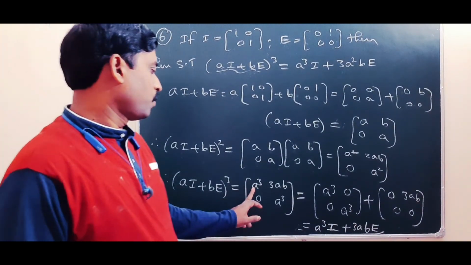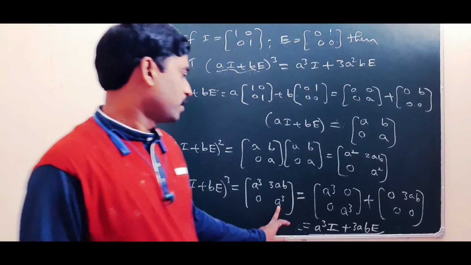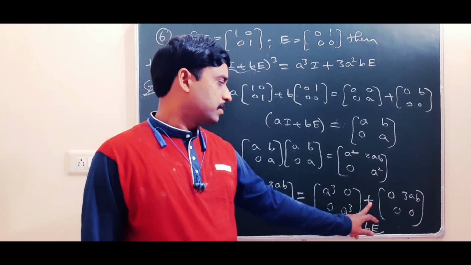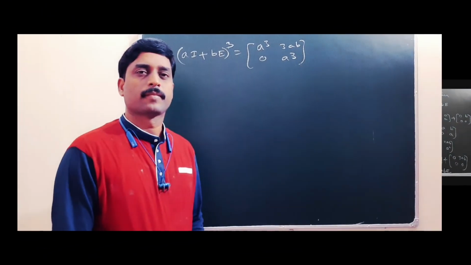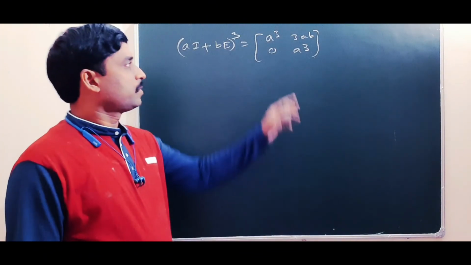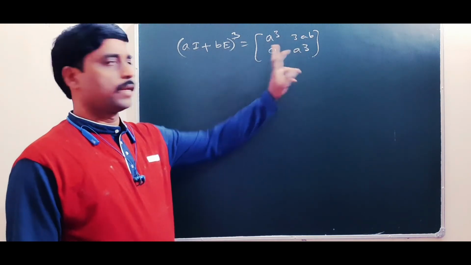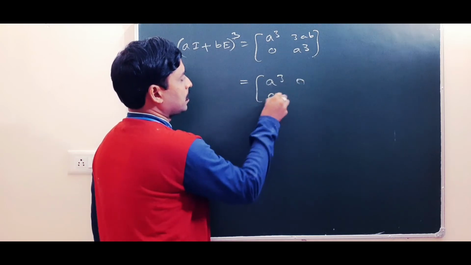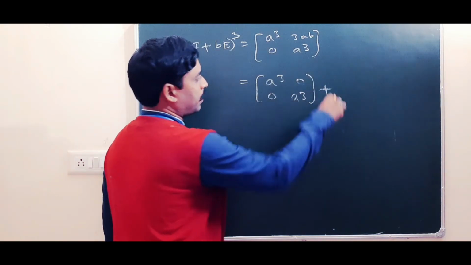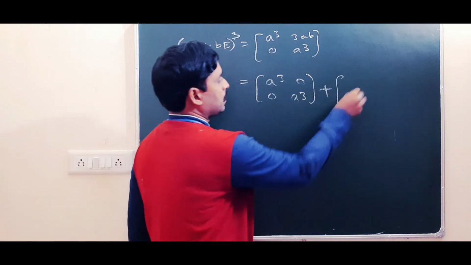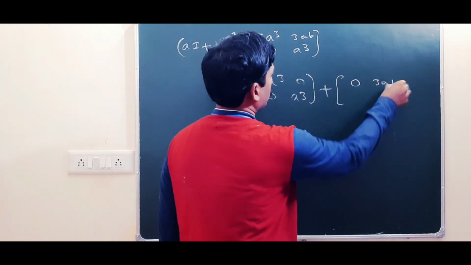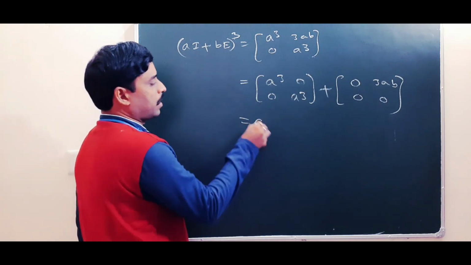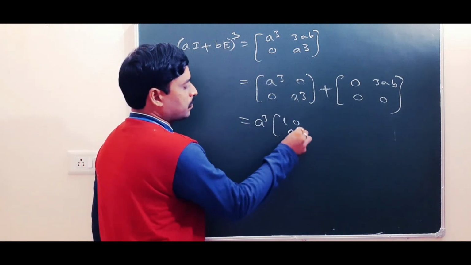Okay, A cube 3AB 0 A cube can be written as A cube 0 0 A cube plus 0 3AB 0 0. In the first one, take A cube common, 1 0 0 1.